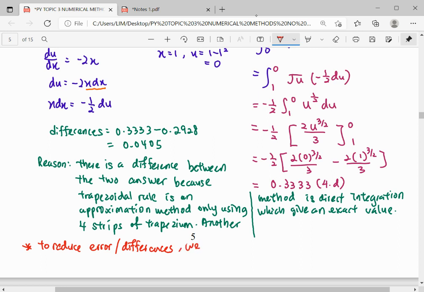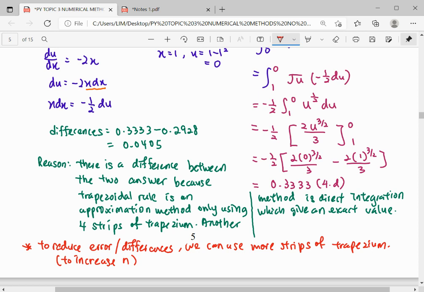Okay, so we can suggest for our trapezoidal rule, we can use more stripes of trapezium. That means you are going to increase the n value, so that our approximation value will be closer.